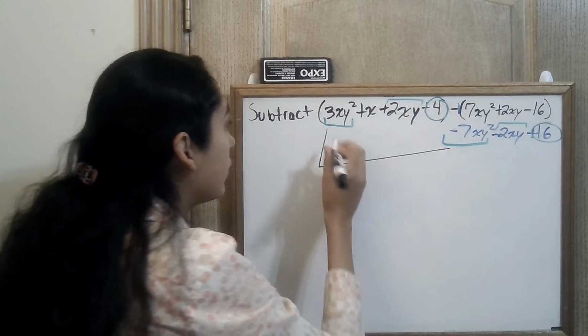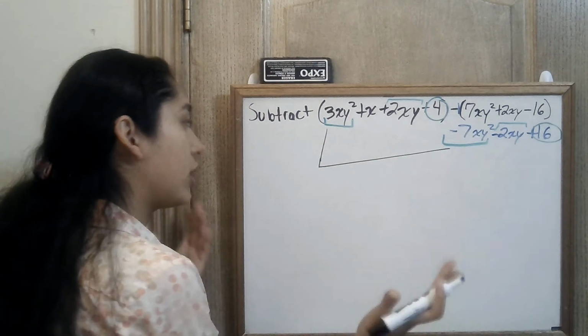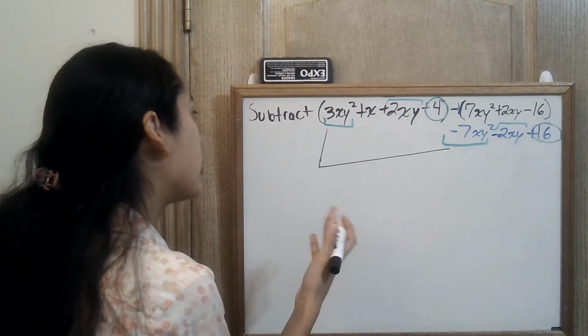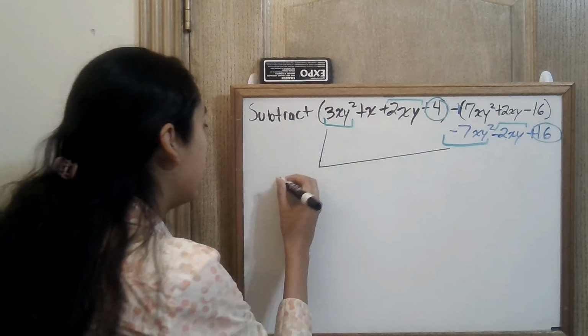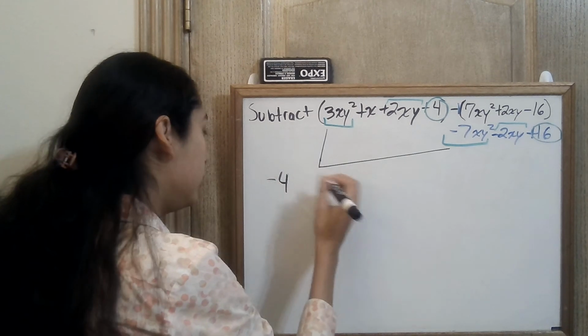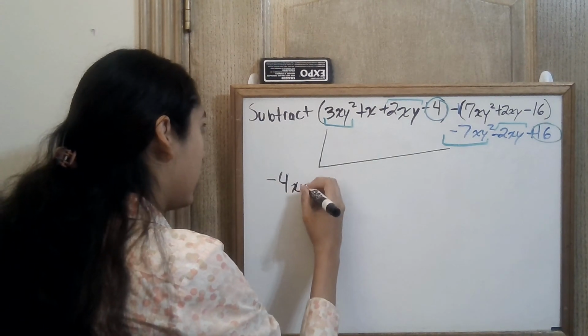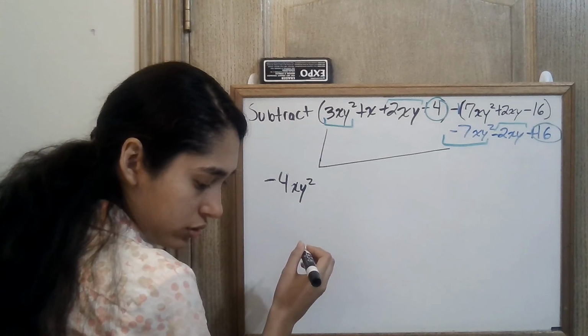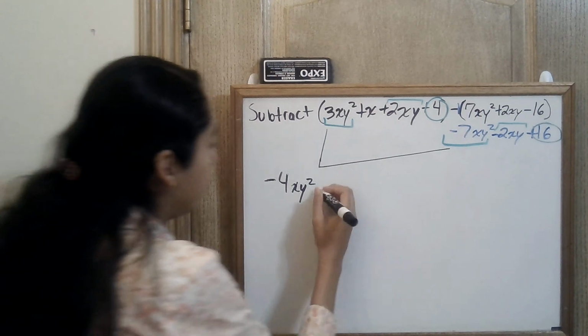Put these together. I'm going to combine the coefficients. 3 and -7 essentially is 3 minus 7, so it's going to be -4, and then this is a variable. And I have plus x.